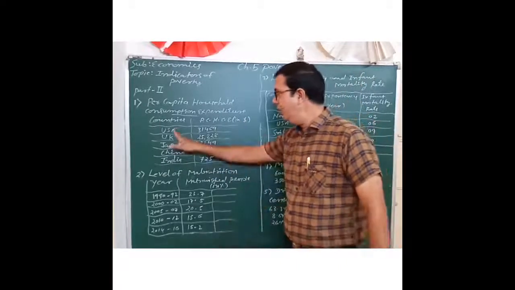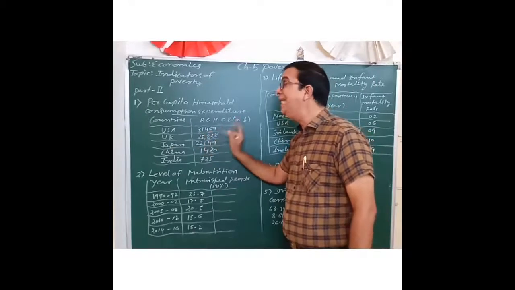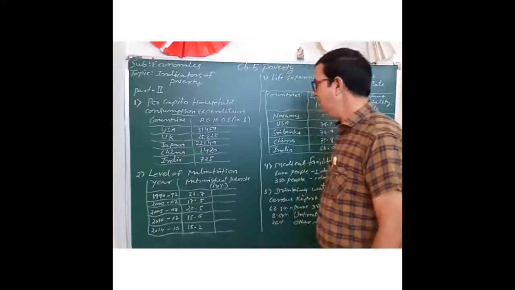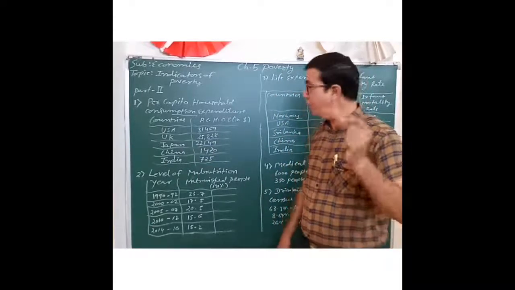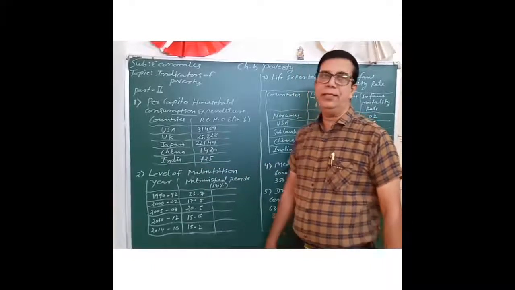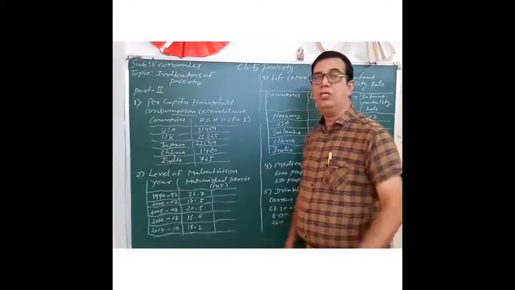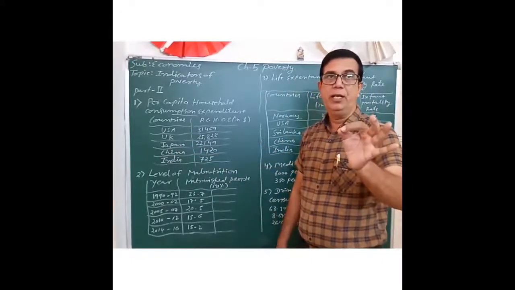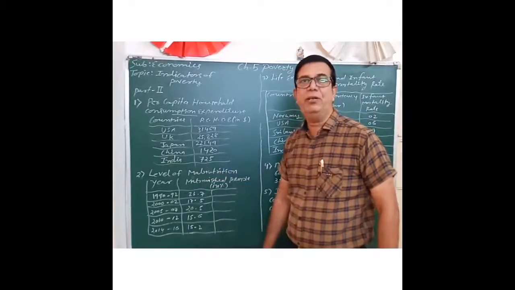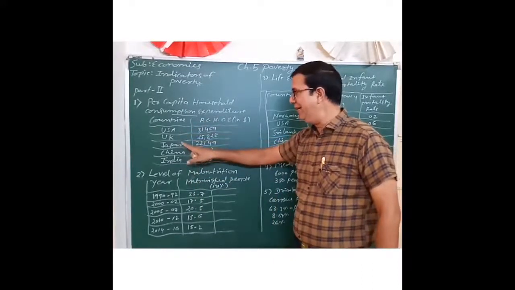Just you see in USA $31,469, in UK $25,828, and in Japan $22,149, in China $1,420. Now you see in India only $725. You compare with USA, UK, Japan, China.